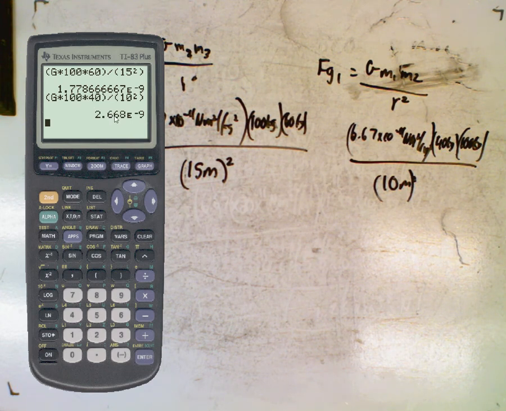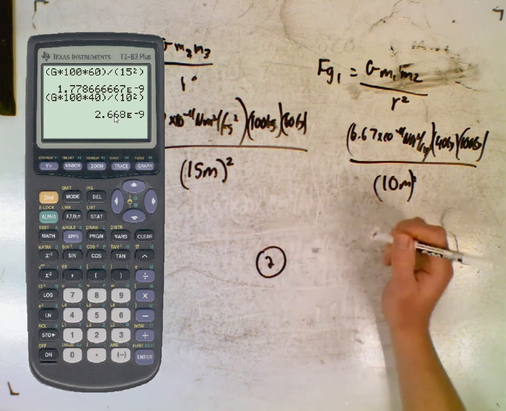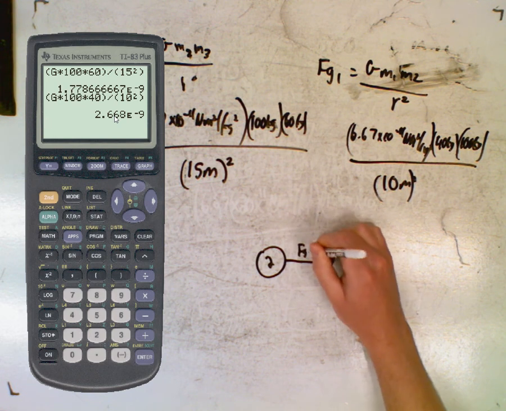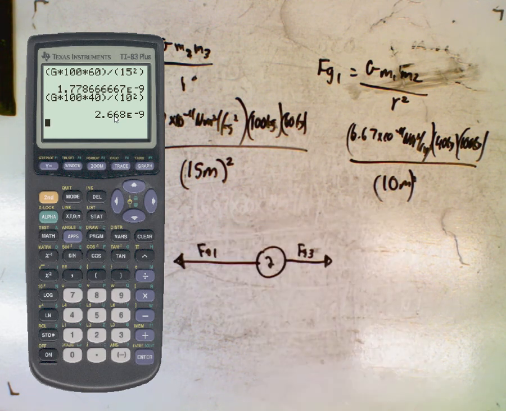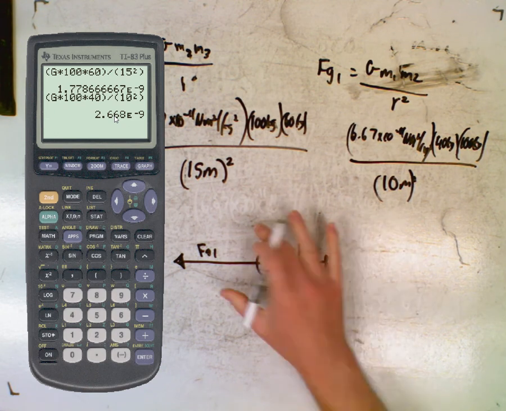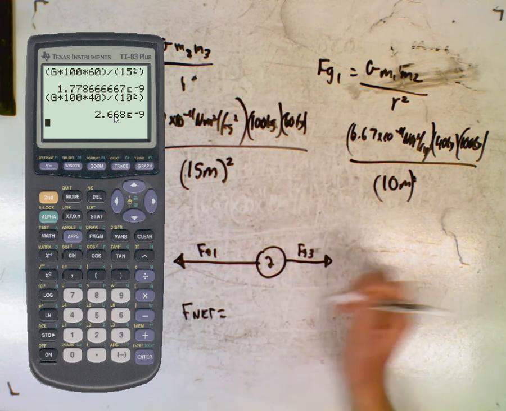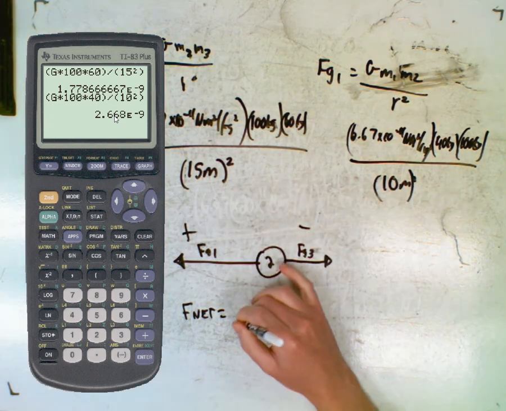Okay, so from here, what that means is we have our mass 2, which is our 100 kilogram mass. It experiences force of gravity 3 that way, and a bigger force of gravity 1 that way. We have 2 forces acting on an object. We've done this before. We can find our net force. Our net force is just going to be, this one's bigger, so I'm going to make this positive, this negative.